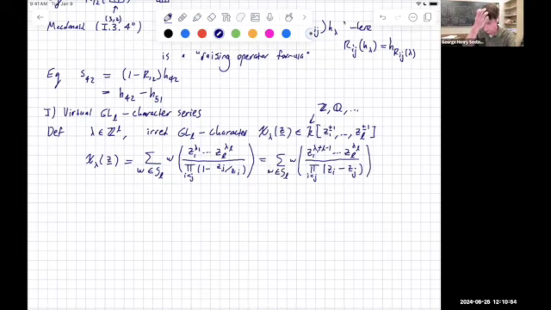Okay. And so maybe to those who are in the know, this might be recognizable as the Weyl character formula, but if not, it's okay. All we really need to know about it is that this is some sort of determinant over a Vandermonde determinant.